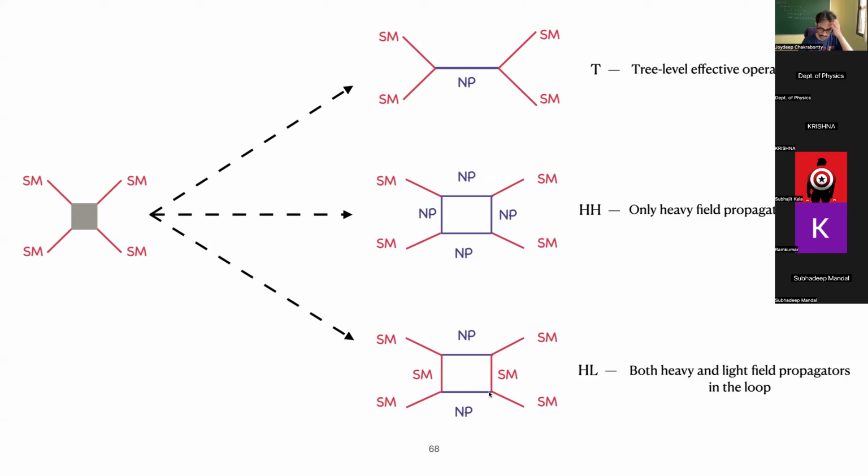Maybe if I get some time later, I'll talk about how to calculate these loops. What is important here is that the expansion we perform is in terms of k, the external momentum, k square over m square. But here we can get the contribution to the effective operators only from the regime of momentum where the momentum is much larger than the mass of these particles.